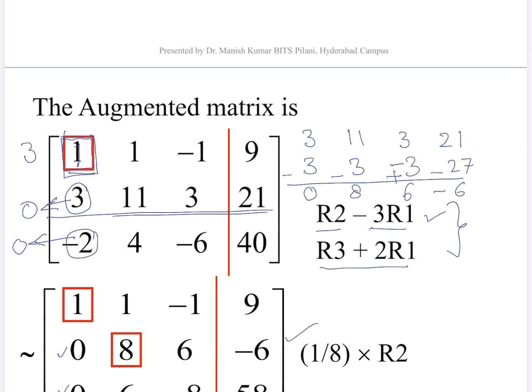So be very careful while doing your calculations. Okay, so now the second row is obtained like this. Now if you see, we will move to the next row, next column, and lower row entry is non-zero, so we have to make it to 1 because we are solving by Gauss-Jordan method.